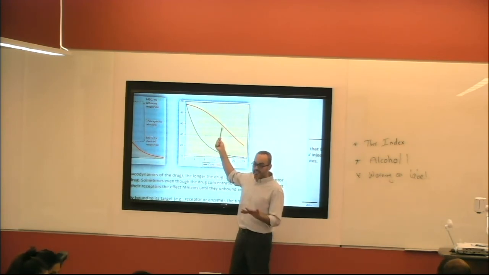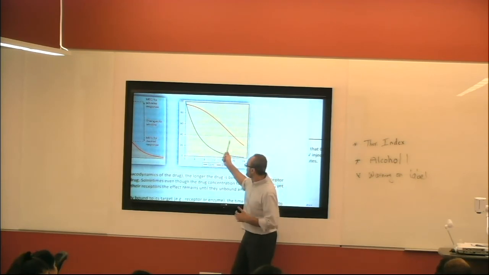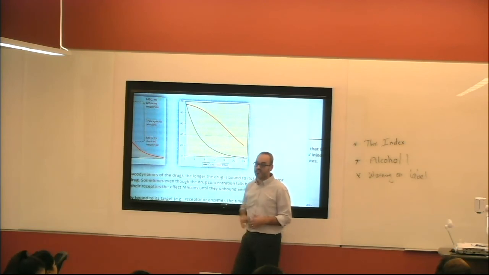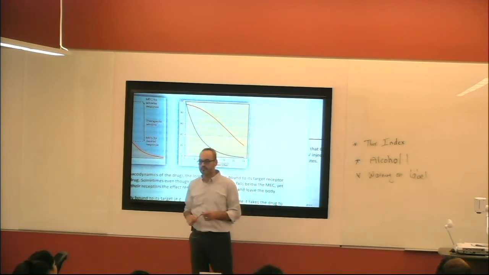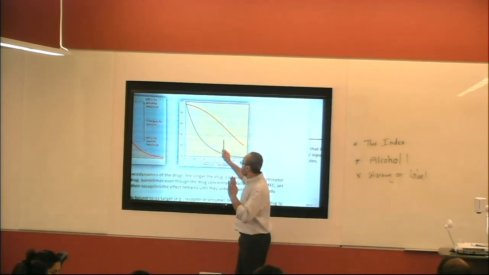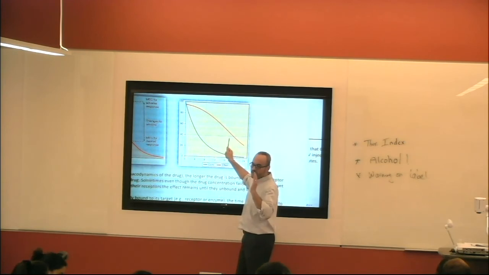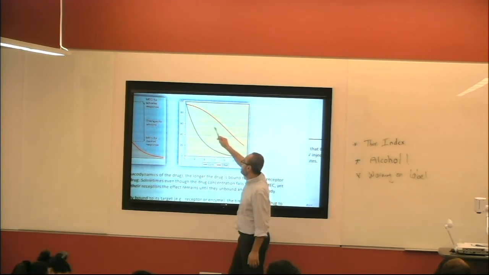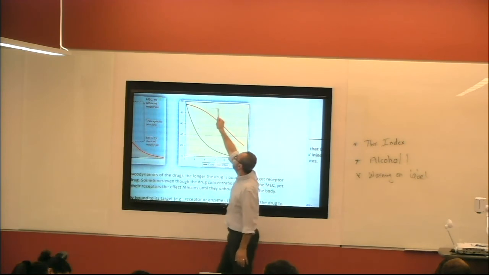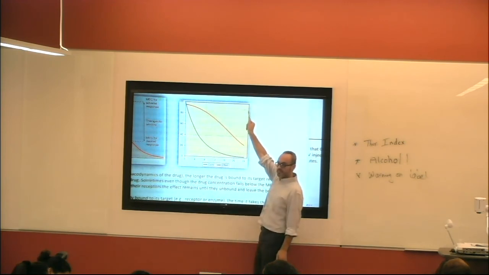Now, in this case, the receptor is reversibly bound to the drug, so it's leaving the receptor, but it just takes some time before it actually leaves as the concentration is going down, okay? If it was bound through a covalent, irreversible bond, this red line will look like that, a straight line, okay?